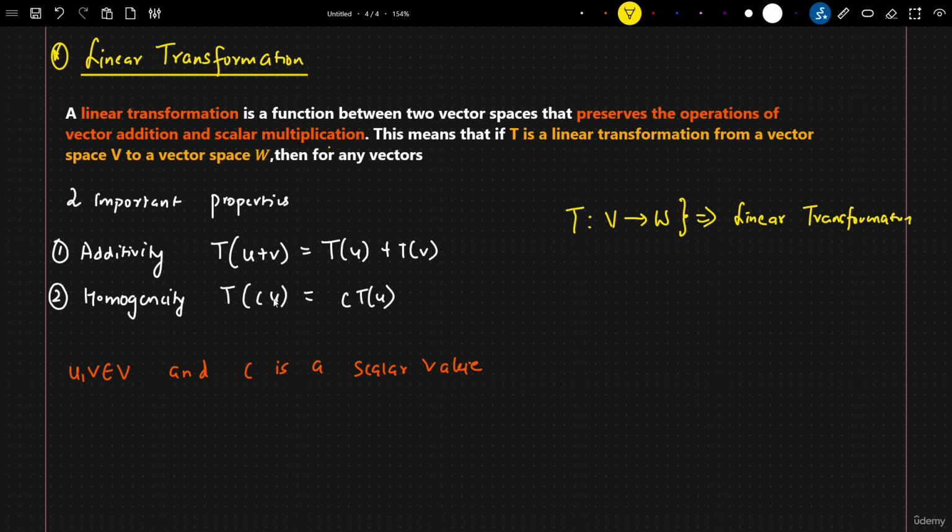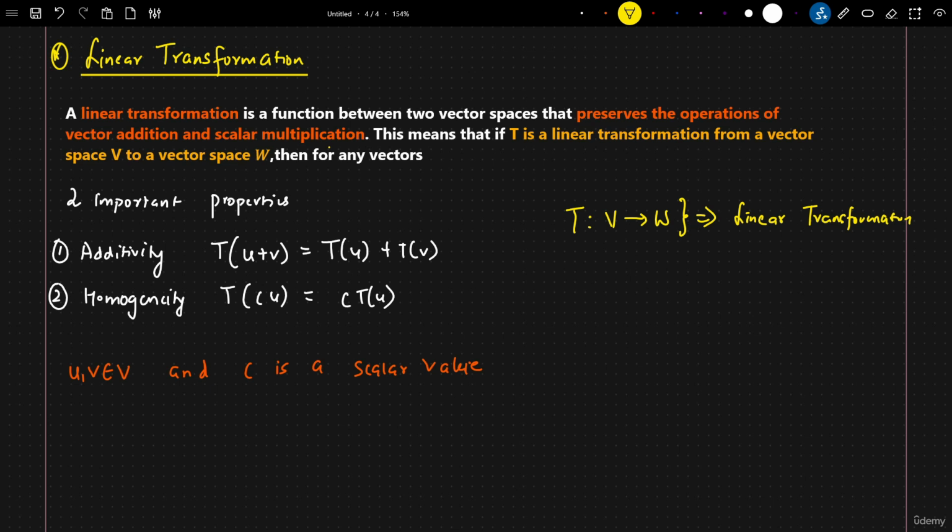When I use u and v, we are considering vectors in V, and c is a scalar value. Similarly, you can also apply this to matrices, but we'll see an example with vector transformation, since we are discussing linear vector transformation.